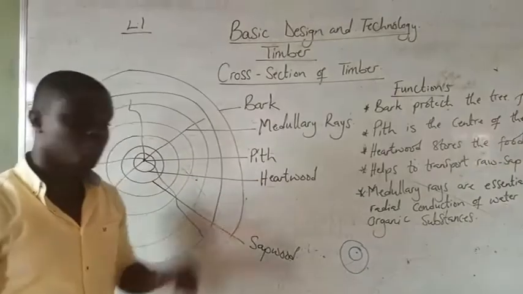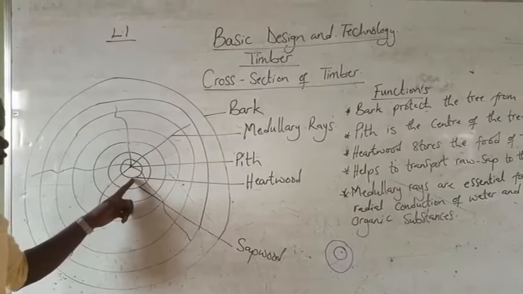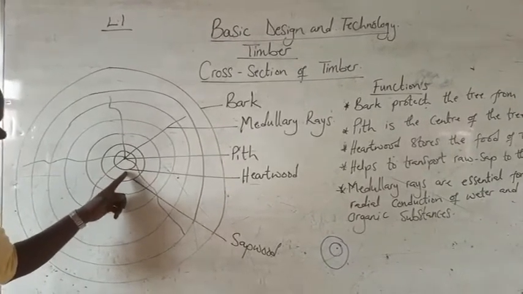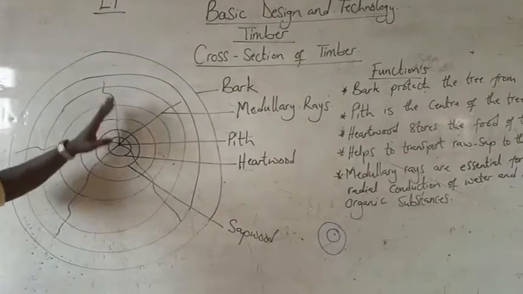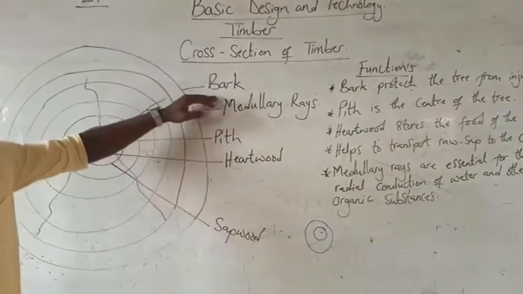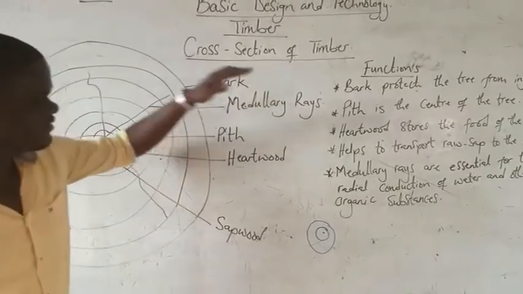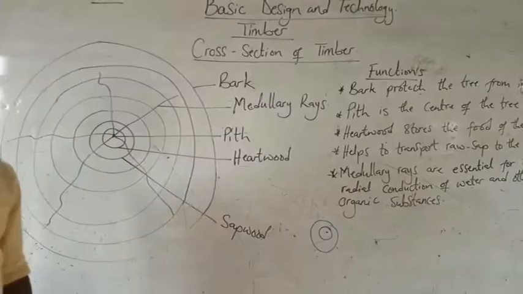Then we have the heartwood, which is the first ring that came around the tree. Then we also have the sapwood. There are lots of parts, but at your level we are going to deal with these five: the bark, the medullary rays, the pith, the heartwood, and the sapwood.